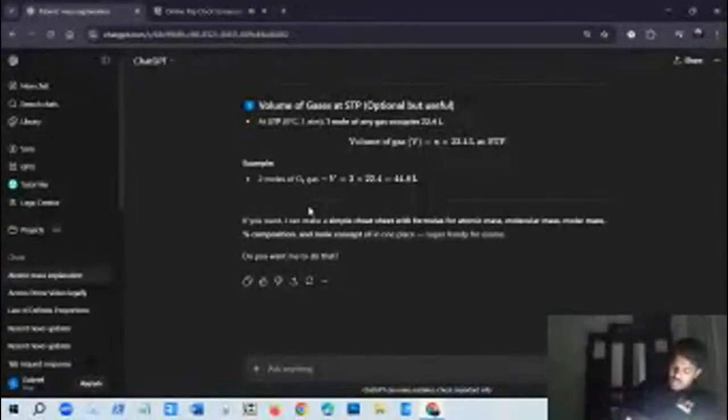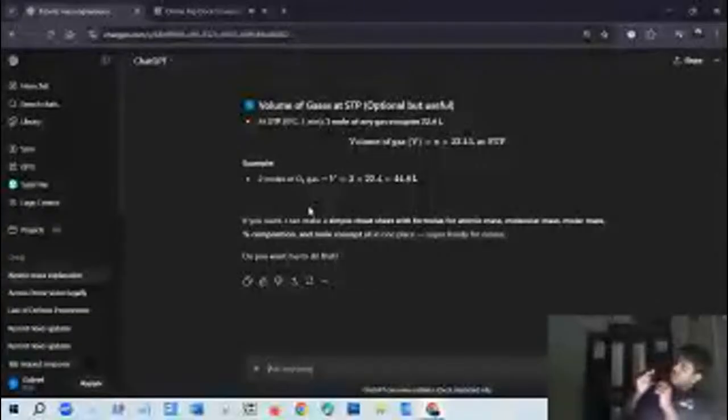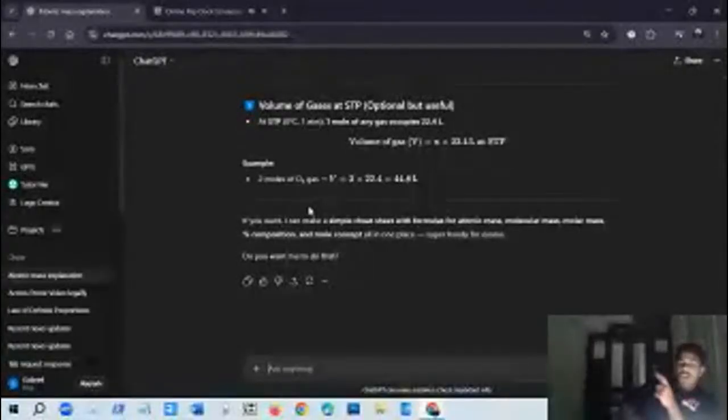So I guess that's literally the equation combining n = m by M. So now we go to more. How do you calculate the moles? Okay, so calculate the moles of the following.